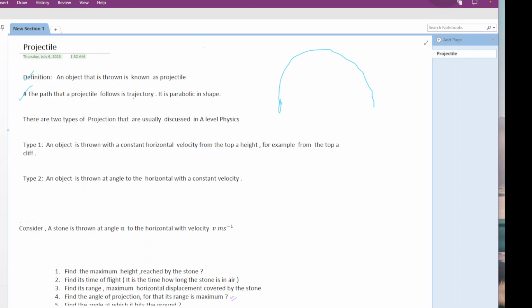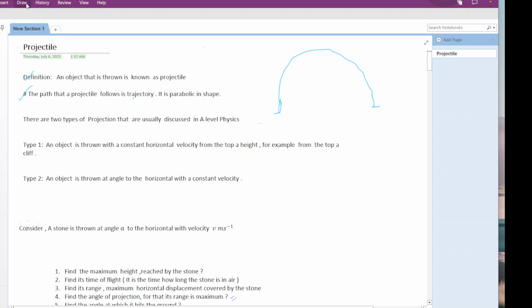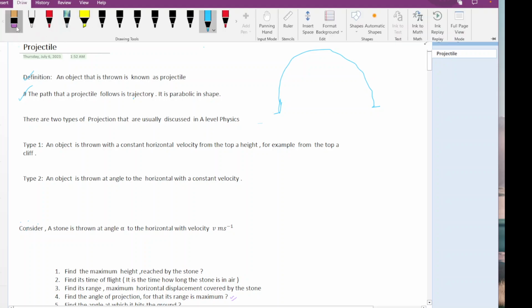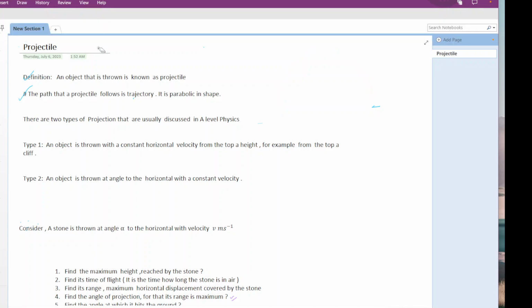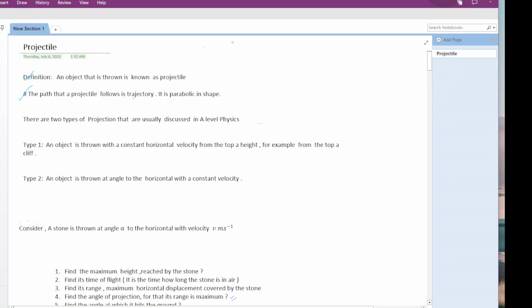It is not a circle, it is this: a parabola.